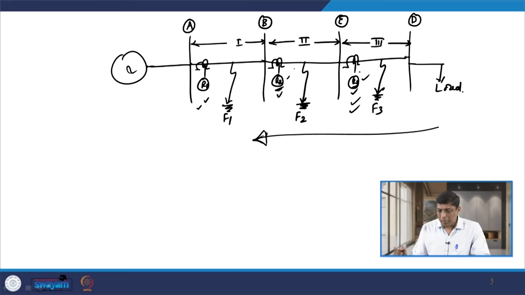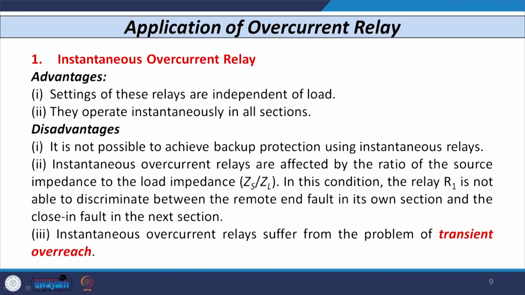This type of backup protection is not possible if R1, R2, R3 are all instantaneous overcurrent relays, because each relay operates instantaneously and has only one setting, the current setting; it does not have any time dial setting. So, that is the first disadvantage.